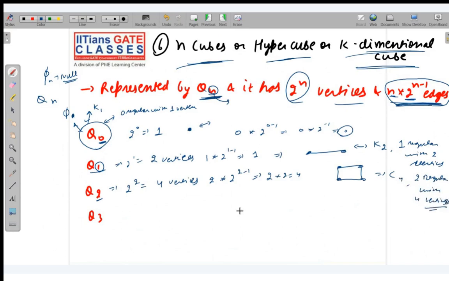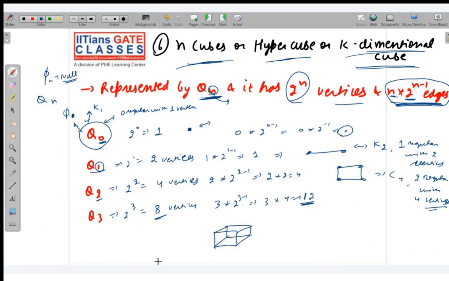Okay, and what is Q3? 2 power 3, 8 vertices. And how many edges? 3 into 2 power 3 minus 1. 3 into 4, that is 12 edges. 8 vertices, 12 edges. So let me draw it. It will be like this.